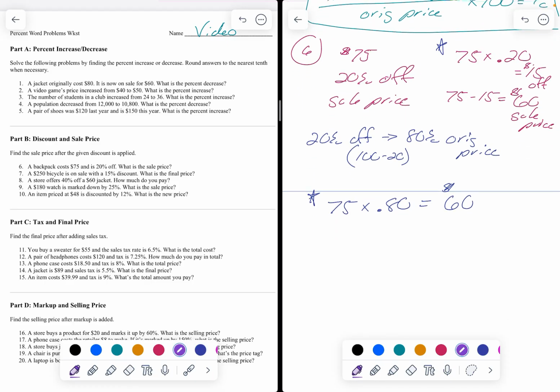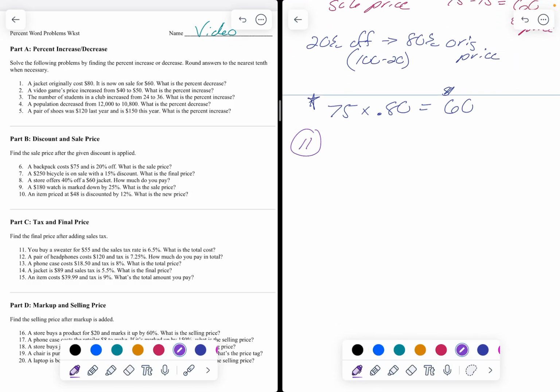Next, for part C, let's look at number 11. Tax and final price. So it says you buy a sweater for $55 and there's 6.5% tax. Now remember that 6.5% is 0.065 as a decimal. So 0.065 is the decimal equivalent of that percent. And so what's the total cost?